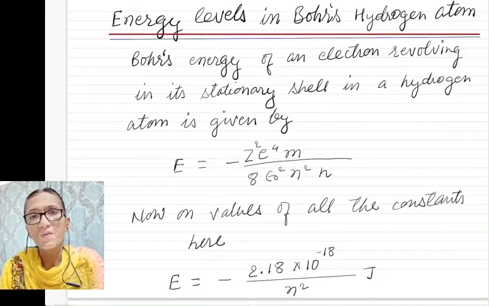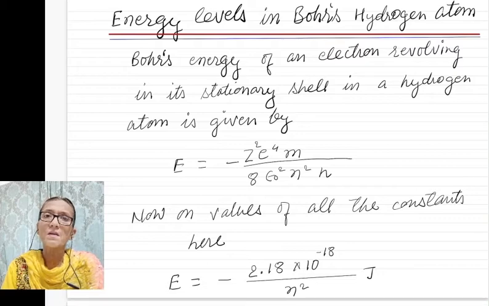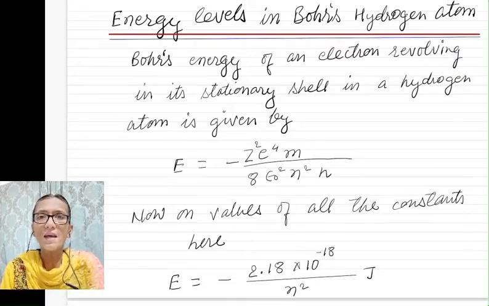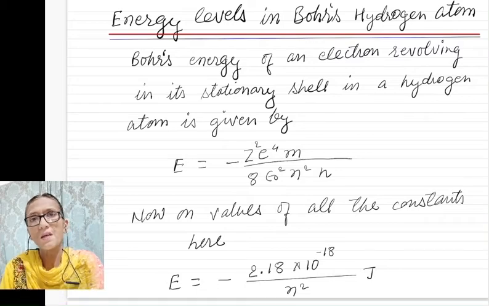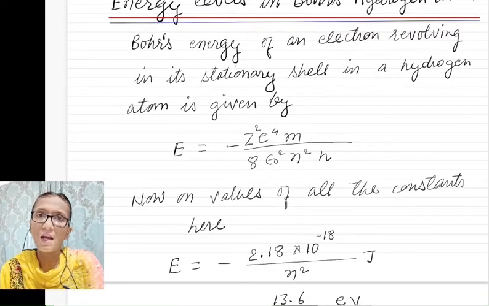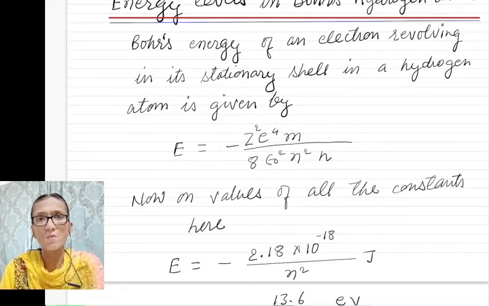Today we are going to discuss energy levels in Bohr's atomic model. Bohr gave three postulates of atomic model, and then he obtained an expression for energy of an electron revolving round any nucleus in any stationary orbit.